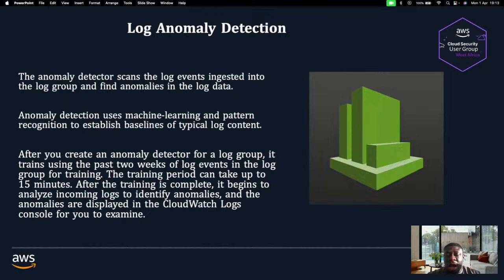So the anomaly detector trains itself based on the data which you have ingested into the log group, and typically it uses 15 minutes for this. Then when the training is completed, it's able to display to you the anomalies it sees from those logs which it has ingested.